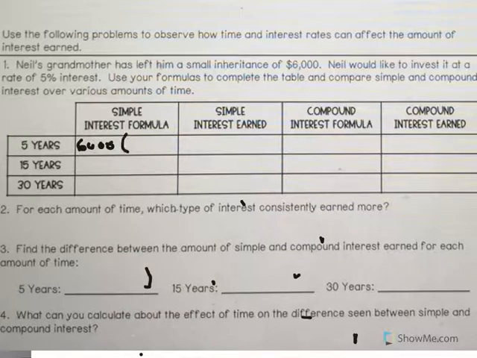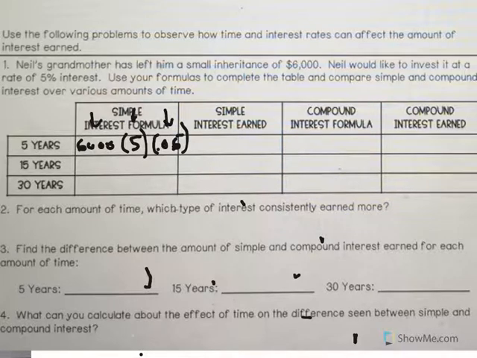You're going to multiply it by your time, which is 5 years. And then you're going to multiply it by your percent, which is 0.05. I hope you could see that. It's hard to write with your finger. So this is 6,000, 5 years, and 0.05 is the percent.